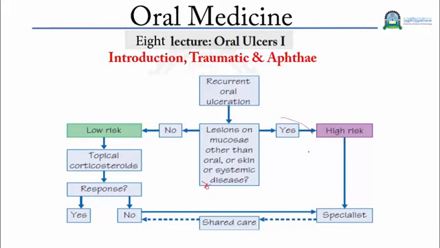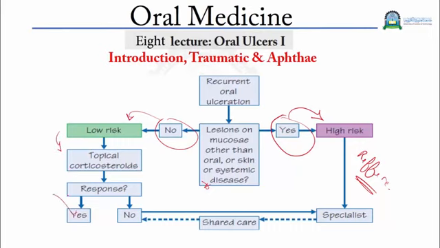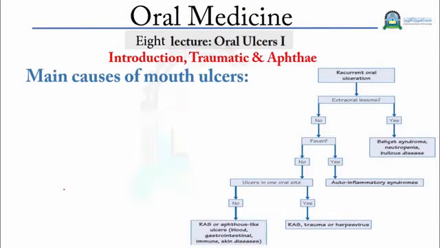If yes, there is a high risk, so you need to refer this case to the specialist. If no, these ulcerative lesions are low risk, so you need to prescribe a topical corticosteroid. If there is a response, okay; if there is no response, you share the management of this case with the specialist. This is an introductory paradigm of recurrent oral ulceration.